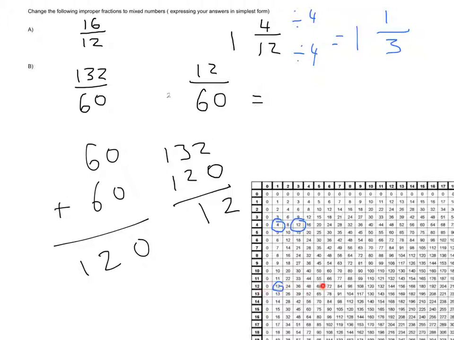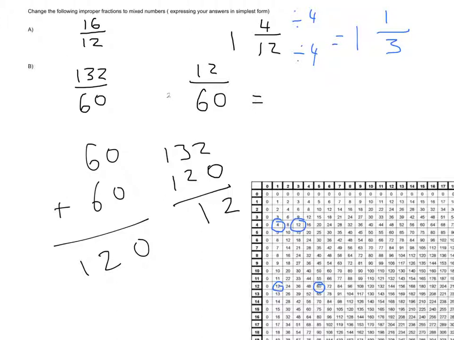I'm just choosing the row because I think it's easier, but it's up to you, it doesn't matter. But we've got the number 12, so we've got one numerator, and if we keep going along the multiples of 12, we can see the number 60. So now we've got the denominator in the same row as well. So let's circle that.